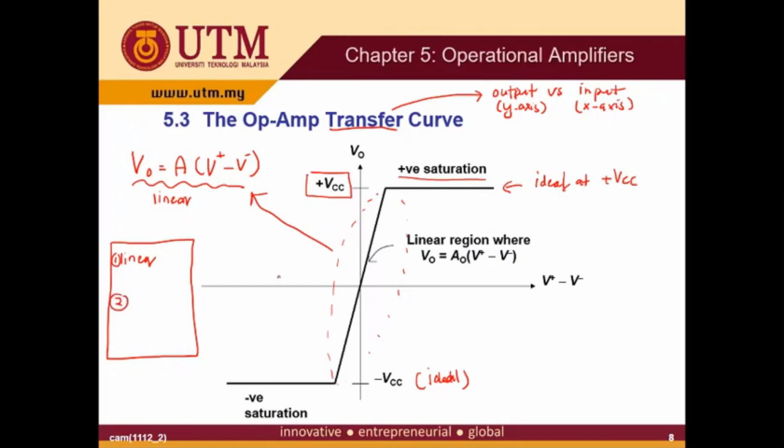The second region is where the output voltage will have only two values, either plus VCC or negative VCC. This is what we call non-linear. Linear can be associated with analog applications, and non-linear with digital applications.